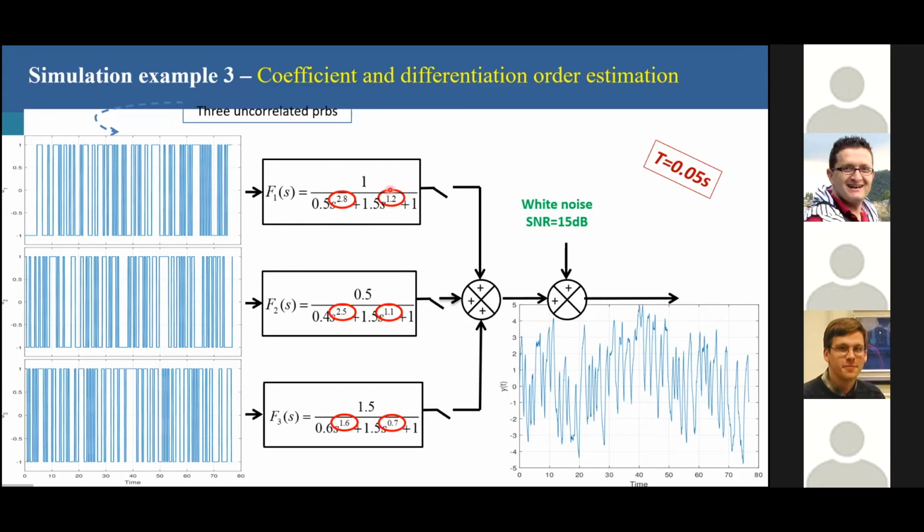We can see here that our transfer function is not S-commensurable, and the differential order are not successive multiple of 1.2. This is why our transfer function is not S-commensurable. So same for F2 and F3.